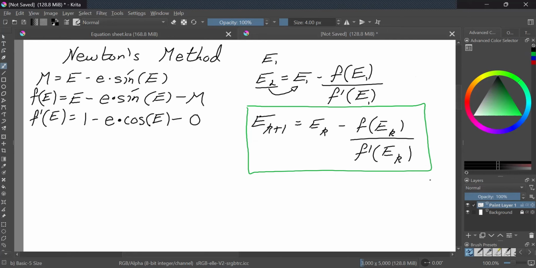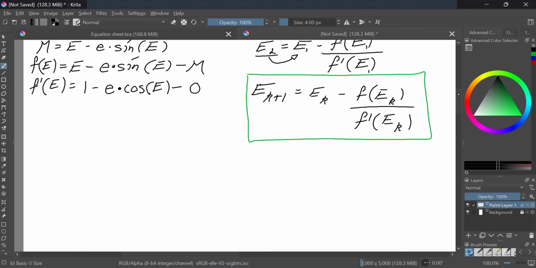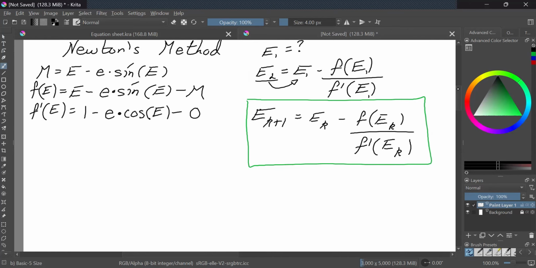The next question, what is our starting point? Where do we want our starting point to be? There's a good starting point and there is a better starting point, at least in my notes. So the good starting point for E1 is going to be M. Nice and simple, right?